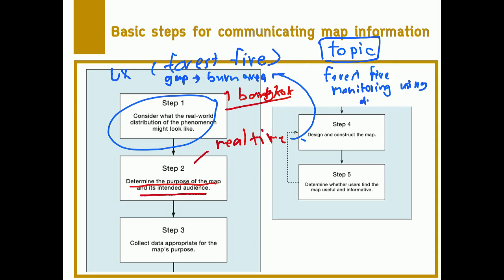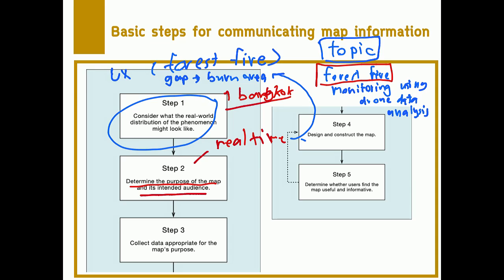Using drone data analysis. Okay, from this one, you can see we talk about the data, forest fire, right? We want to show the forest fire location for the user or the authorities, government officers or staff, to reach their destination quickly, in real time, right?